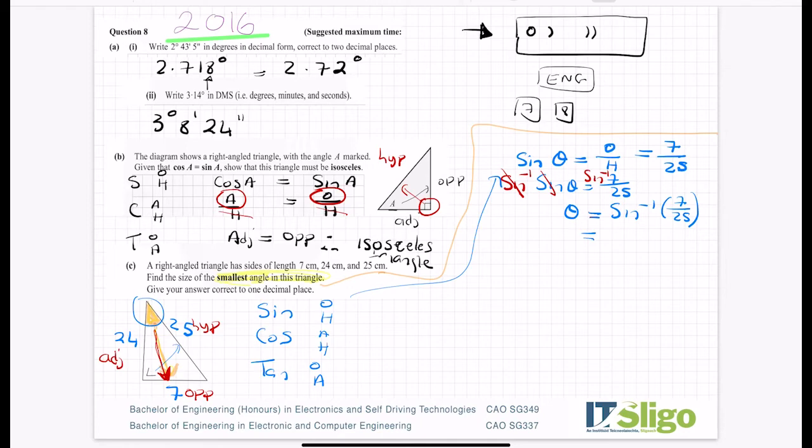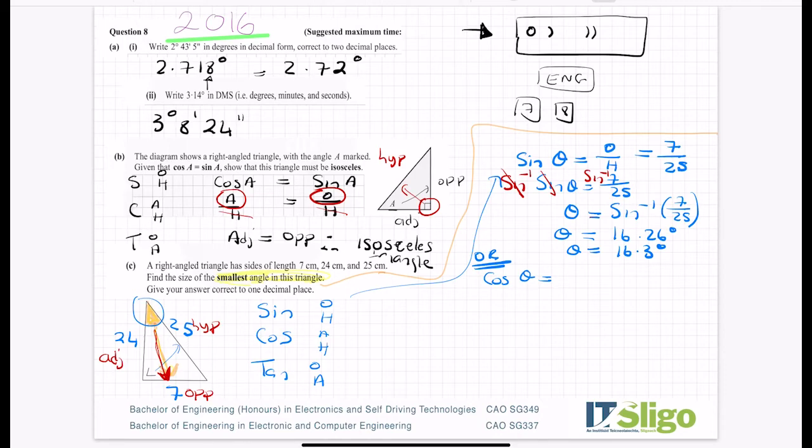So put that into your calculator. Sine inverse sits behind sine on the calculator. And I am getting an angle of 16.26 degrees for theta, the angle. Correct to one decimal place, 16.3 degrees. Or I could have used cos.